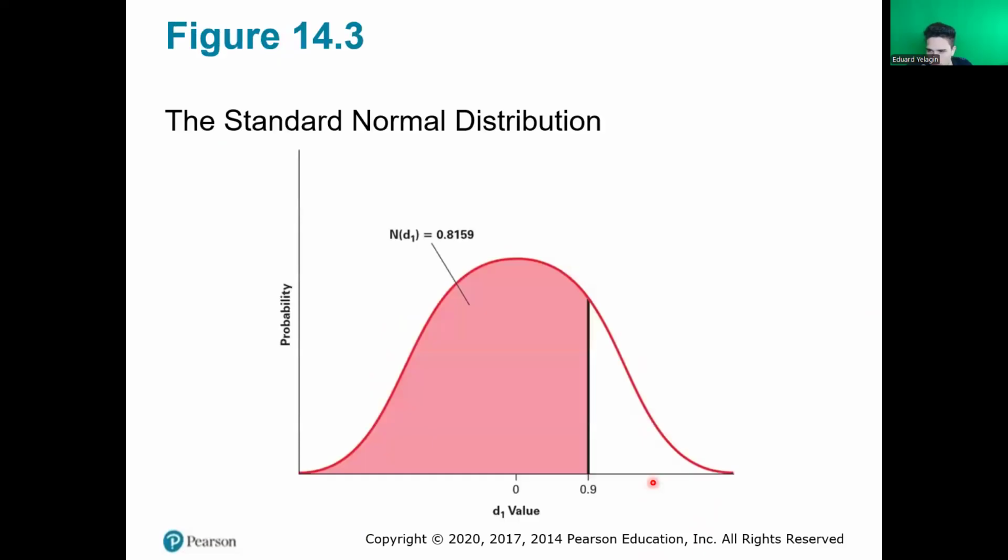So again, kind of a visual idea of what we try to estimate using the Black-Scholes model. In this example, let's say we calculate our D1, probability of the D1, and it's going to be equal to 0.8159. So what this essentially means is that there is an 81% probability, under the model assumption, that the option will finish in the money.